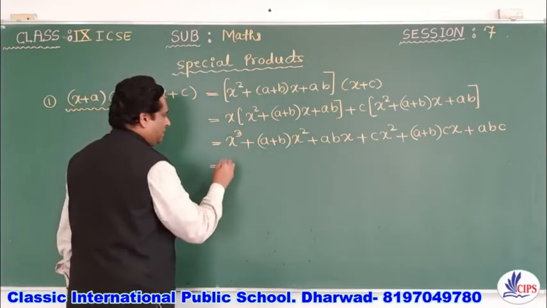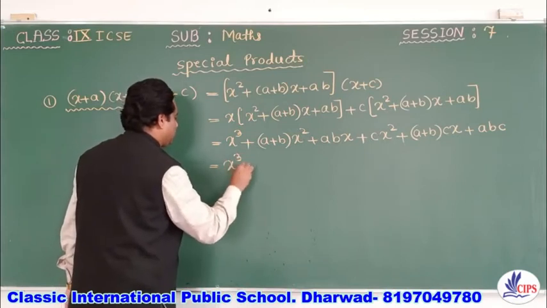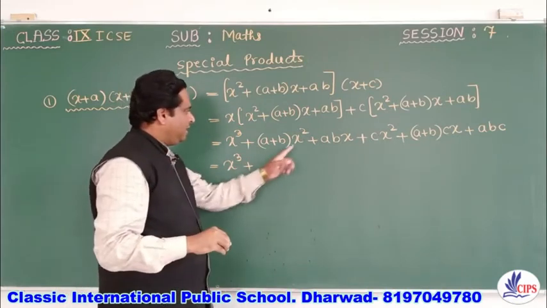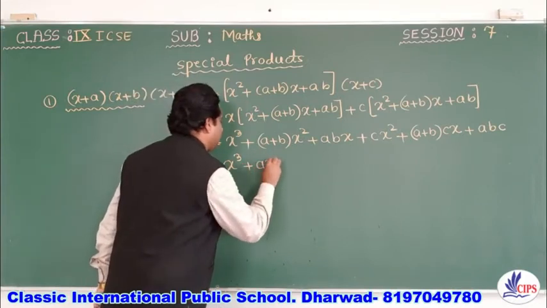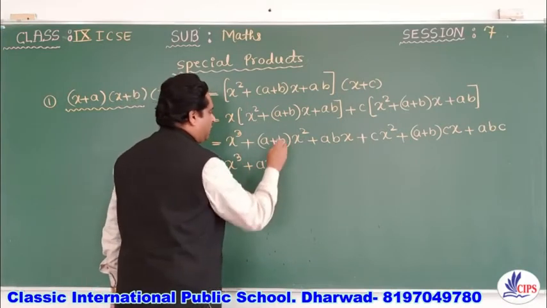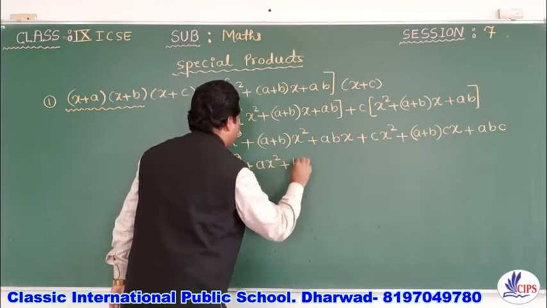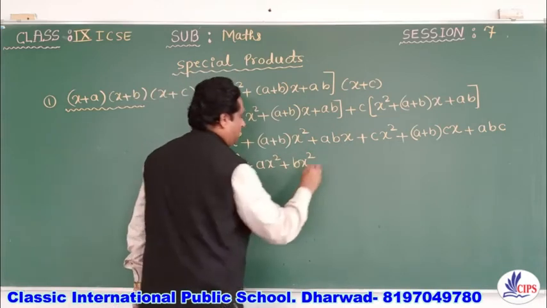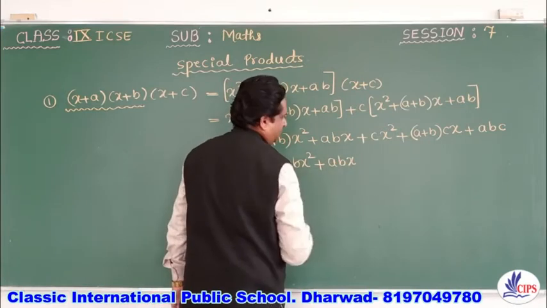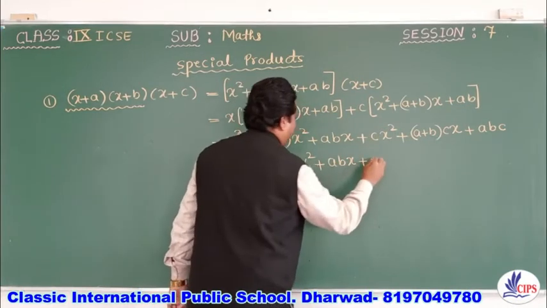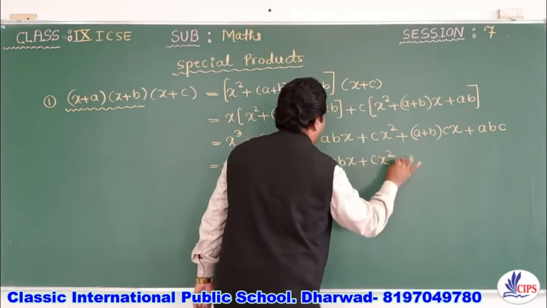One by one I'll simplify here. I'll write x³ as it is, plus x² into a, ax², right? x² into b, bx², plus abx you keep as it is, plus cx², right?